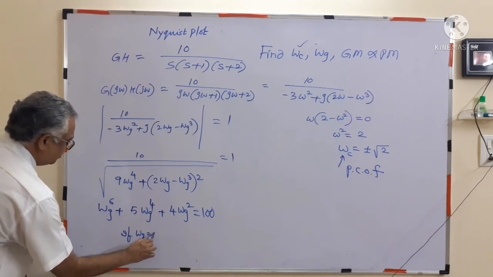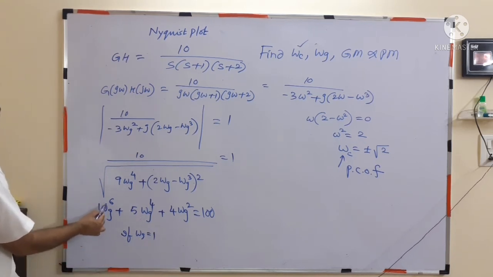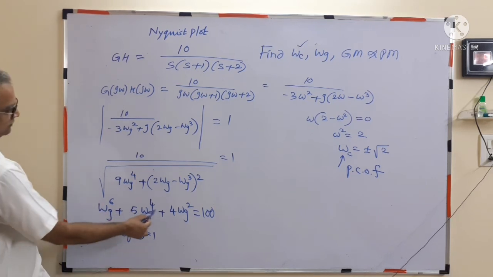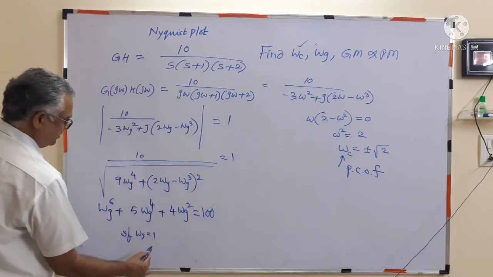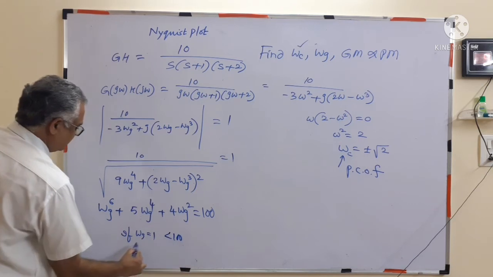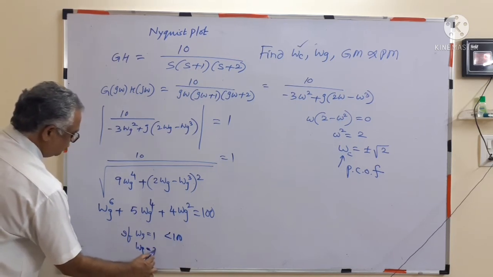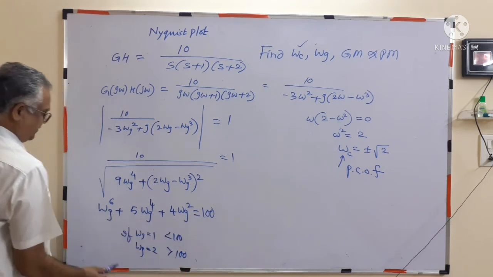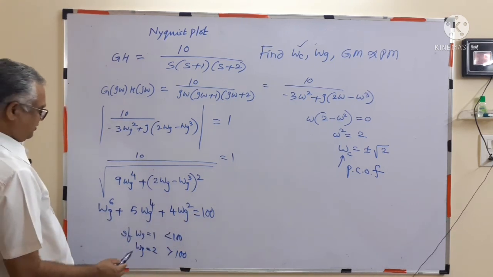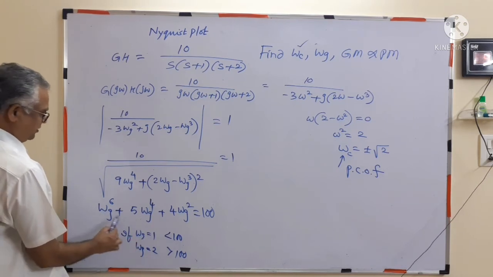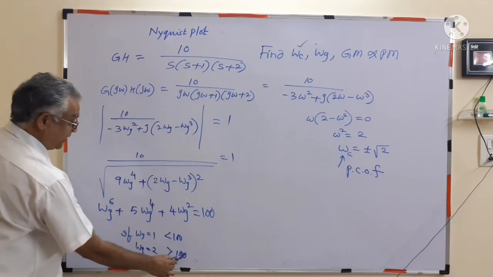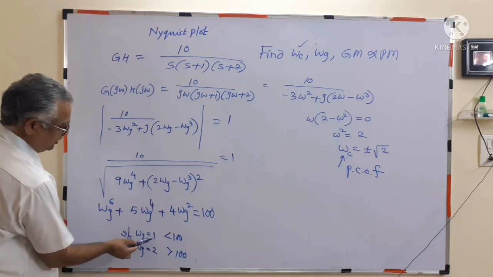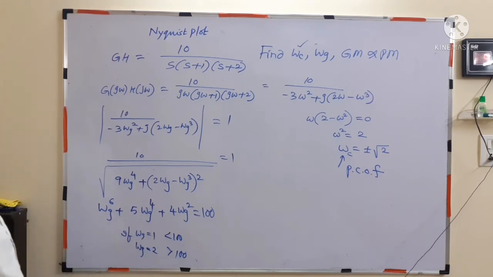if omega g equal to 1, 1 to the power of 6, 1 plus 5, so this is becoming less than 100. If omega g equal to 2, greater than 100, but equal to 100, no? It is the bisection method. If you take omega g 1 less than 100, 2 greater than 100, that means there is a root between 1 and 2. Now you take 1.5.